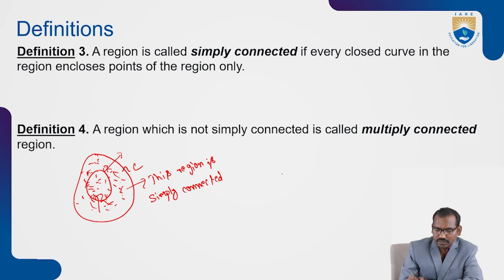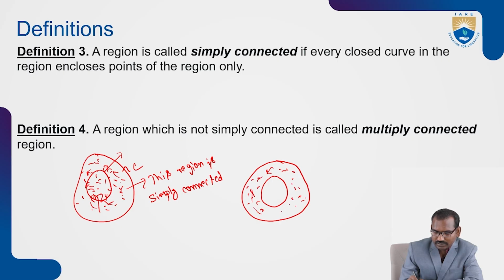For example, if I take another region, there is one circular path, and I am taking another circular path, and my region is this. We call it an angular region. Now, is this region simply connected or not? In this region, if you take some closed path, this is the closed path.